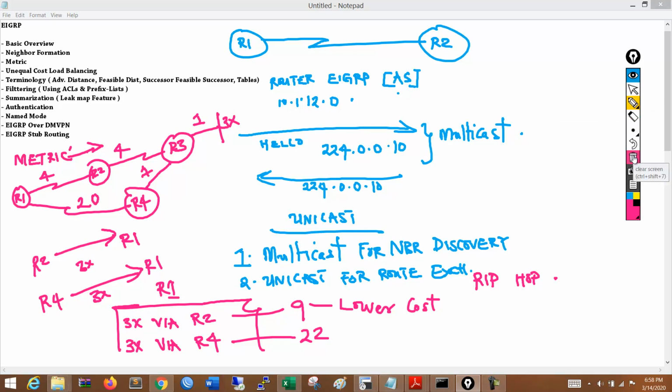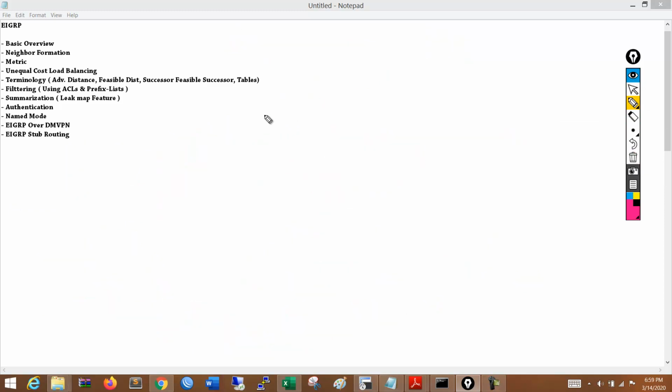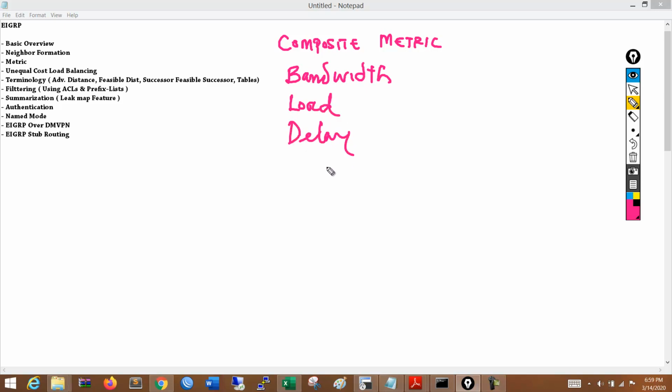The screen is already filled here, so EIGRP utilizes a composite metric. This composite metric, I'll list them, is bandwidth, we have load, we have delay, we have reliability, and we have MTU for EIGRP.